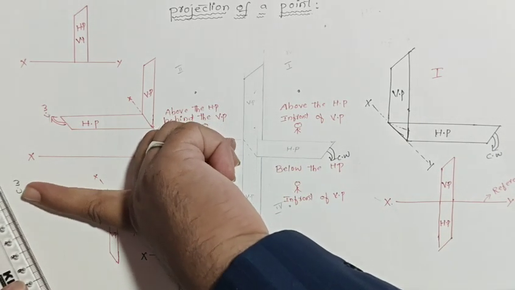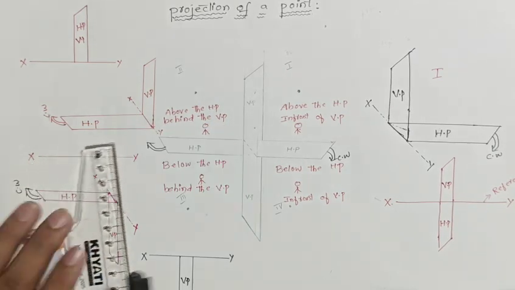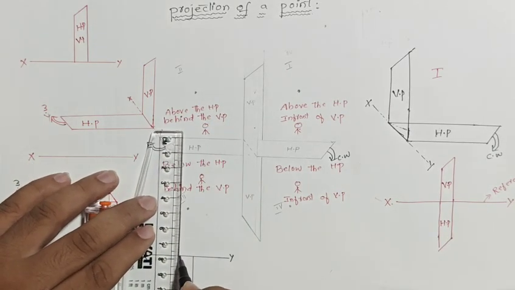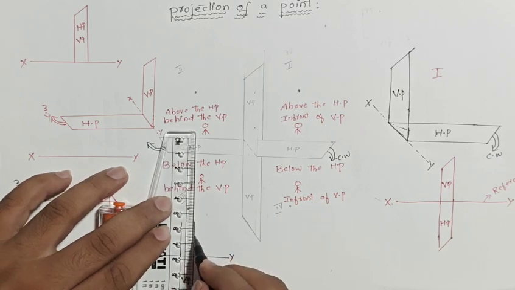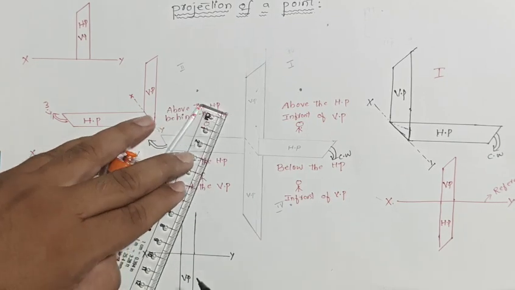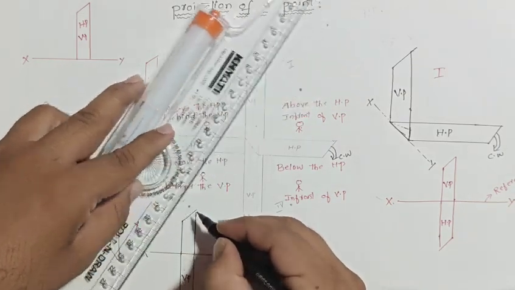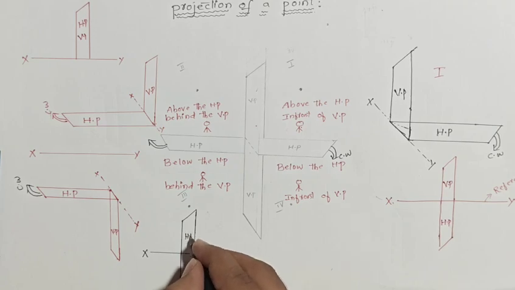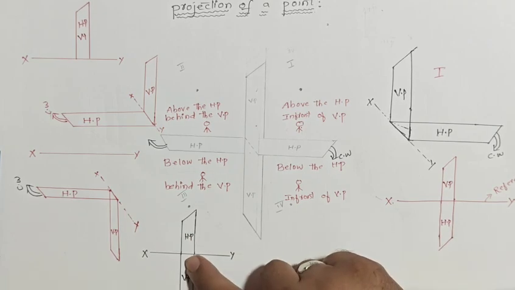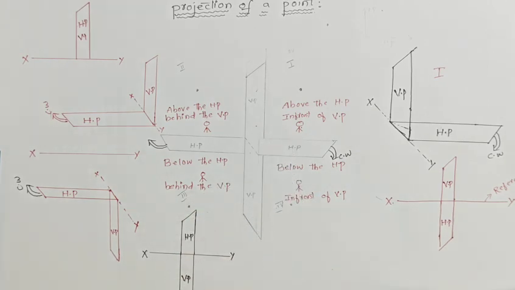HP will rotate in the clockwise direction, like this. Clear? The HP should be above the reference line. The third coordinate formula is HP above the reference line, VP below the reference line.